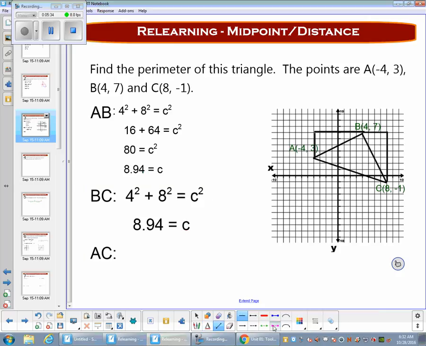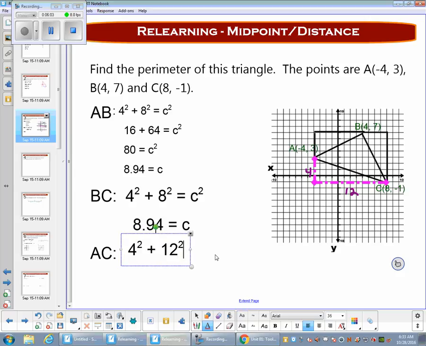Maybe I'll make it a different color so we can see. I'm going to come from here. Looks like it goes down from 3 to negative 1. We're going down 4. Here we're going from negative 4, so that's 4. Here's 8, so that's 12. So we have 4 and 12. So when we do the math, we have 4 squared plus 12 squared equals c squared.